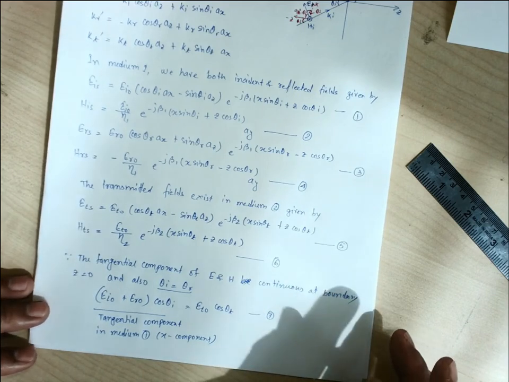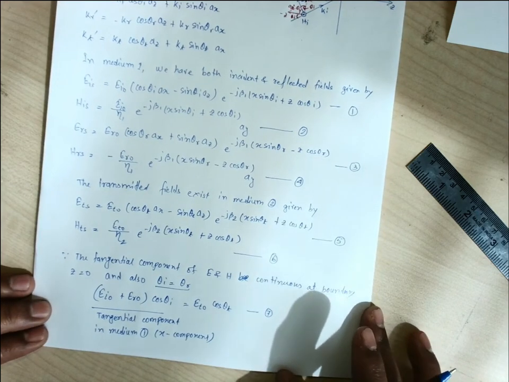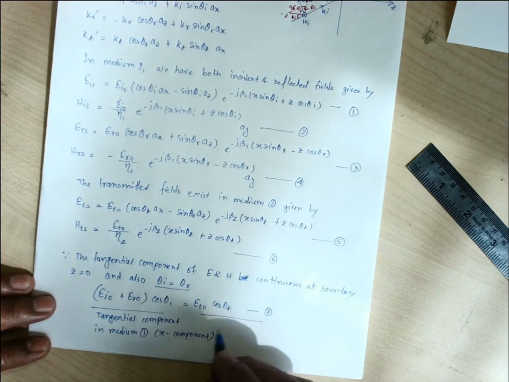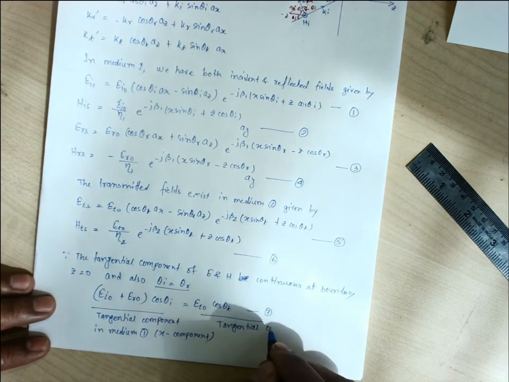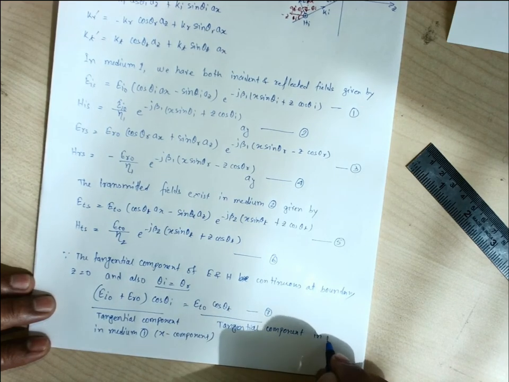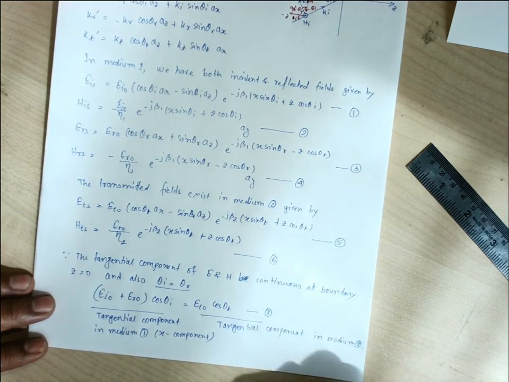Why are we not considering the z component? Because z is the direction of wave propagation, so we should not have any field component along the direction of wave propagation. And this one is the tangential component in medium 2. Okay.